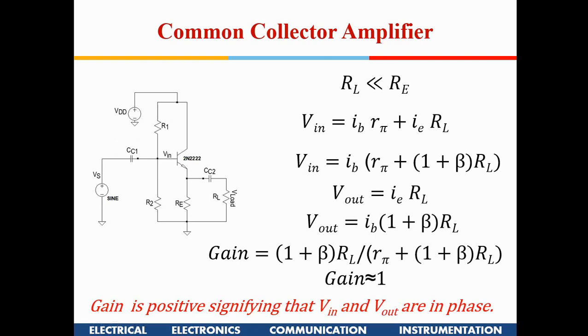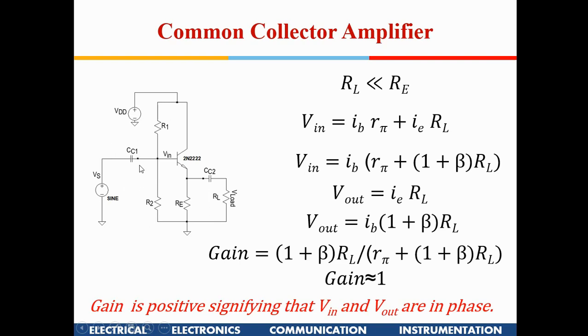So it has got a better bandwidth. But if you are going to cascade this, if a CE amplifier is going to drive this, the bandwidth will get limited by the CE amplifier. This will not deteriorate it. But if you apply a signal directly here, from here to here, the bandwidth is very high. But this is not the input amplifier, so the CE amplifier will continue to restrict the bandwidth.